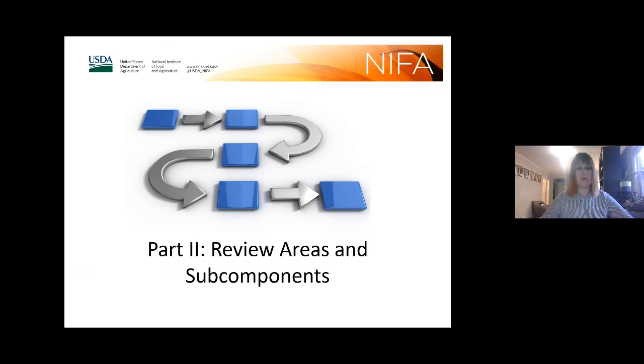So these are various civil rights topics and things that we need to make sure you have in place and that you're compliant on in order to be in compliance with civil rights laws. But it's not a list of things, documents that you check off. It's a holistic approach and look at these different review areas and what makes up the subcomponents.